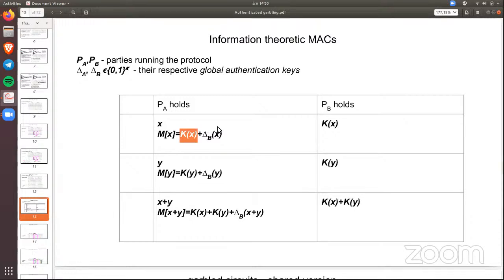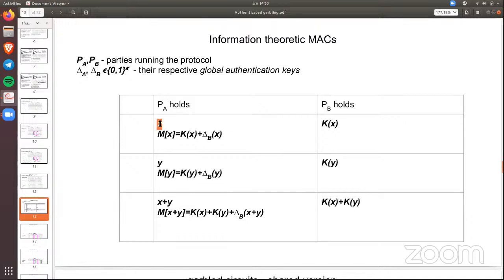Oh, okay, because X is a bit here. So depending on whether it's 0 or 1, we either add lambda or not. Sorry for the confusion.